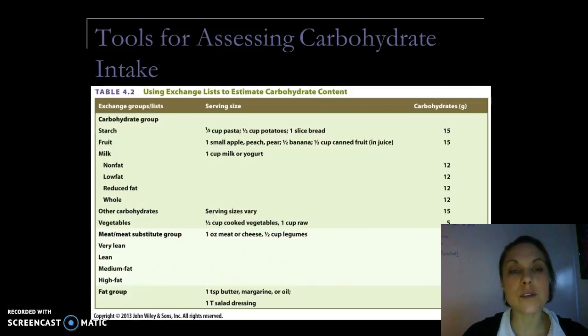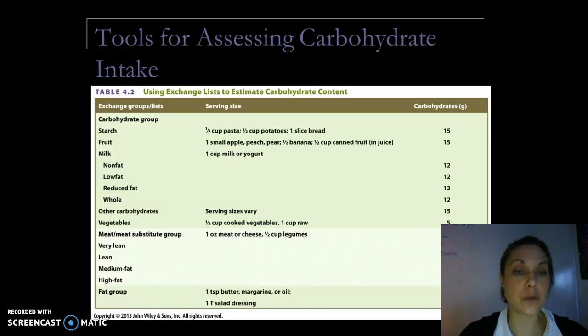We can also use exchange lists, which have been developed by the American Dietetic Association and the American Diabetes Association to estimate carbohydrate content. These are often used by diabetes educators in order to teach patients how to portion size and make choices as an alternative to Choose My Plate.